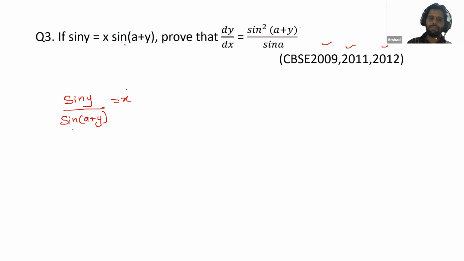That's why we have shifted this in the denominator. We don't know what result we will get, but if we differentiate this, we know that this will give us sine square a plus y. Then finally we will shift it to the right side. So I hope this is clear to everyone. Now please start differentiating this.